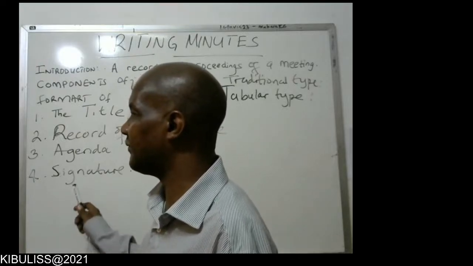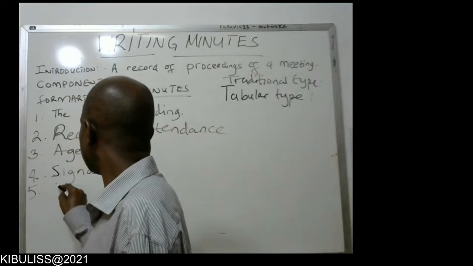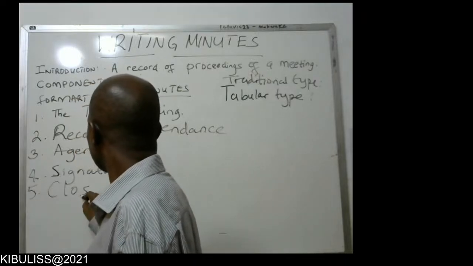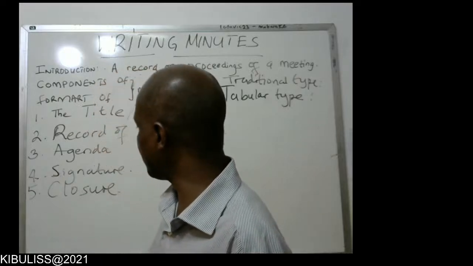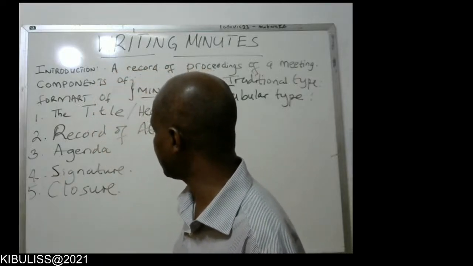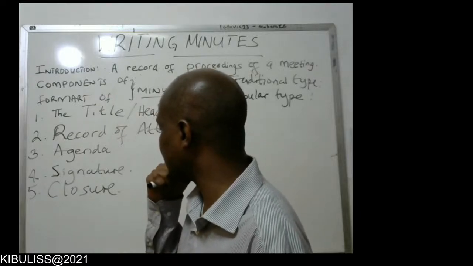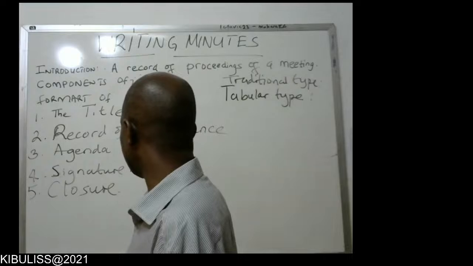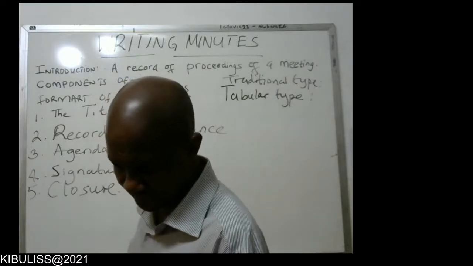And lastly, we shall look at these two components of signature and also closure. Who signs? When do they sign? How do they sign? Then the closure. So at the end of the day, these are the components.